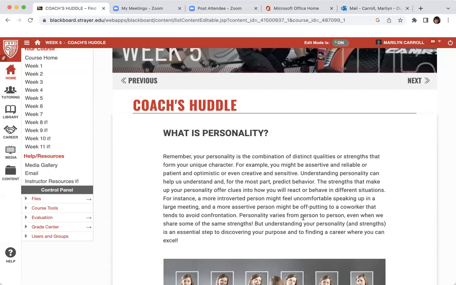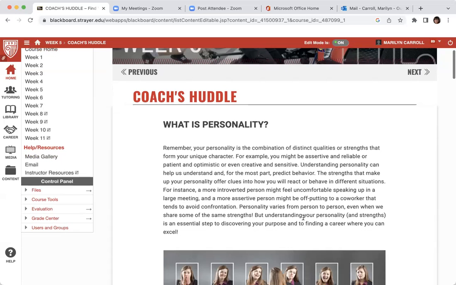For instance, a more introverted person might feel uncomfortable speaking up in a large meeting, and a more assertive person might be off-putting to a coworker that tends to avoid confrontation. Regardless, personality varies from person to person, even when we share some of the same strengths. But understanding your personality and your strength is an essential step to discovering your purpose and to finding a career where you can excel. Okay?